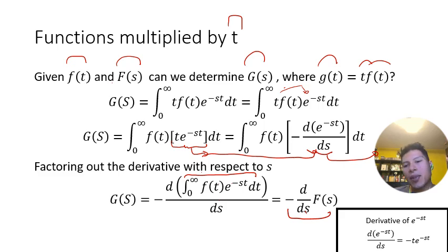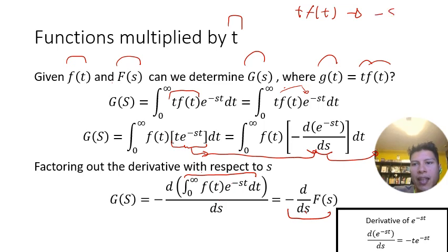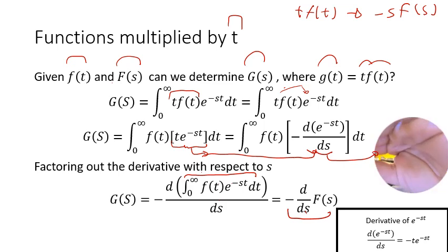Now notice something really interesting, which is that when we multiply a function by t, so t f of t leads to negative F prime of s. Sorry, not s F of s, ouch. We just derived this.